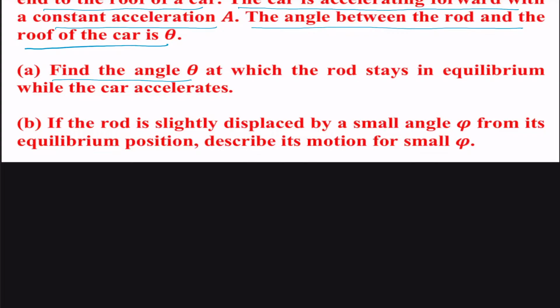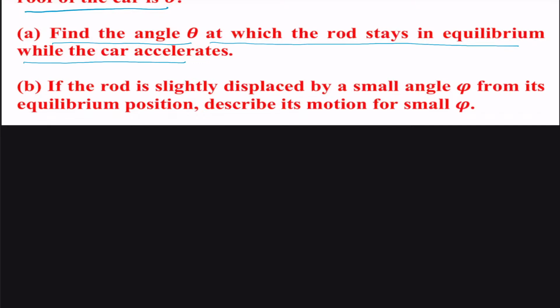Part A, find the angle theta at which the rod stays in equilibrium when the car accelerates. Part B, if the rod is slightly displaced by a small angle phi from its equilibrium position, describe its motion for small phi. And for this, we can just draw an approximate figure.